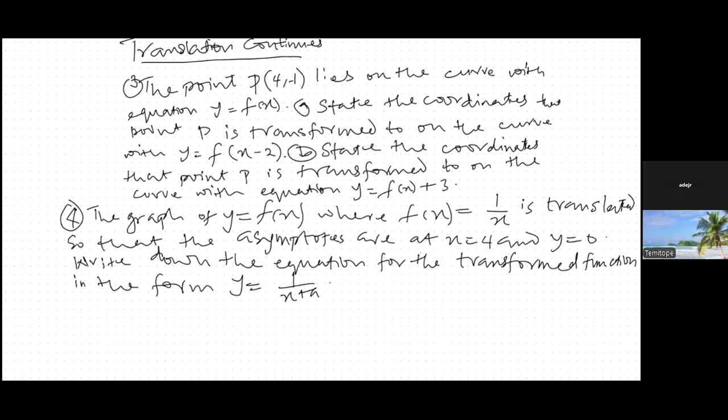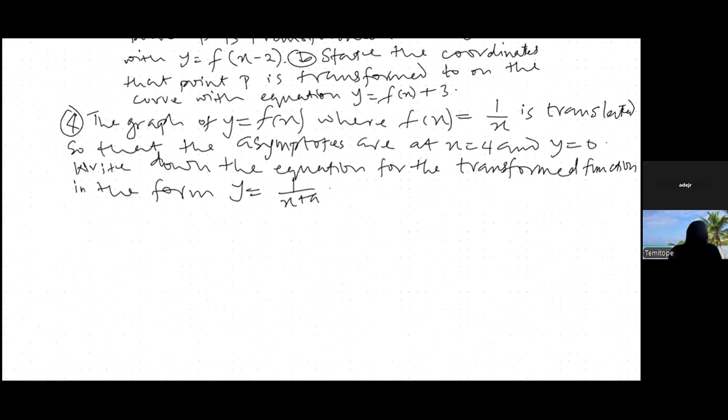Now, you remember we did asymptote when we were discussing sketching of graphs. Under the sketching of reciprocal graphs, we discussed asymptote, remember? If you still recall vividly, I told you that a function will be asymptotic where it will be undefined.